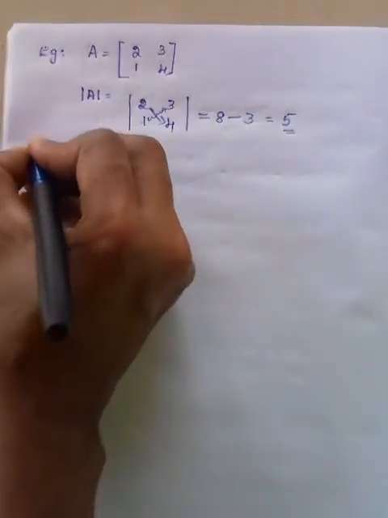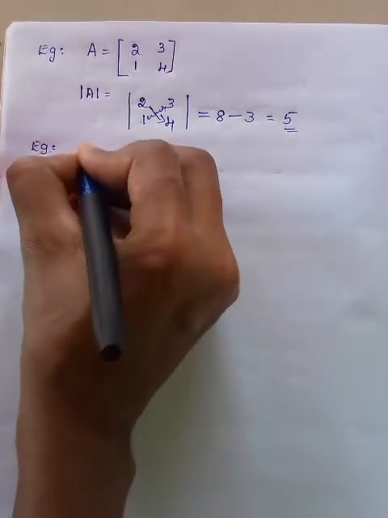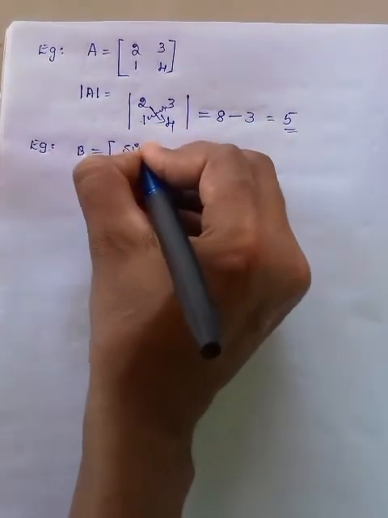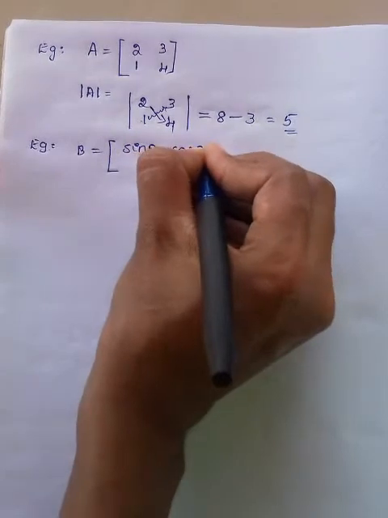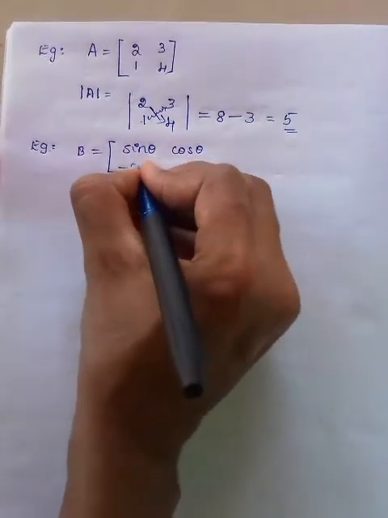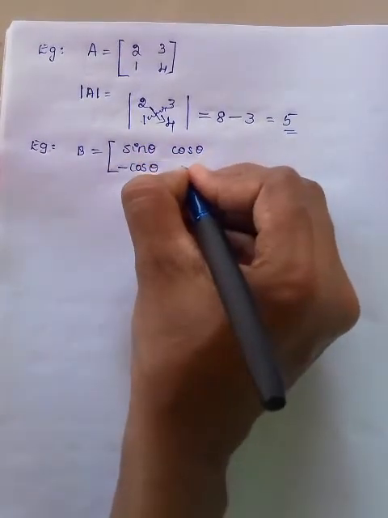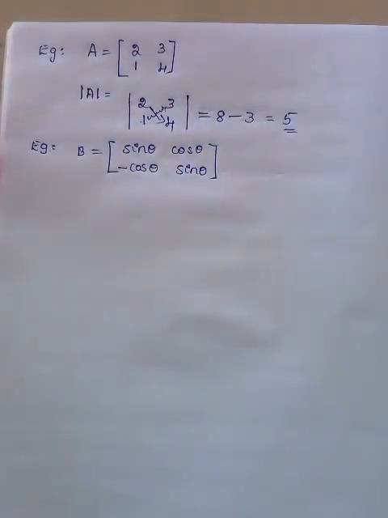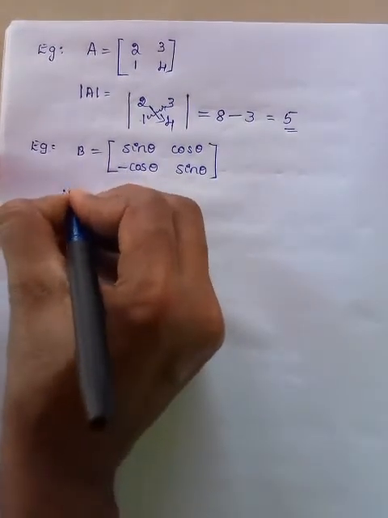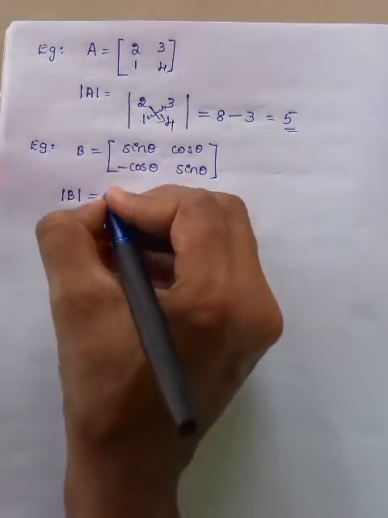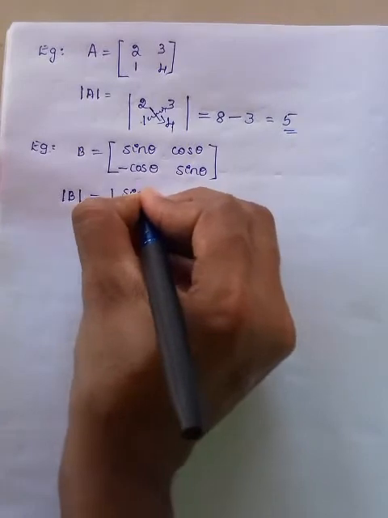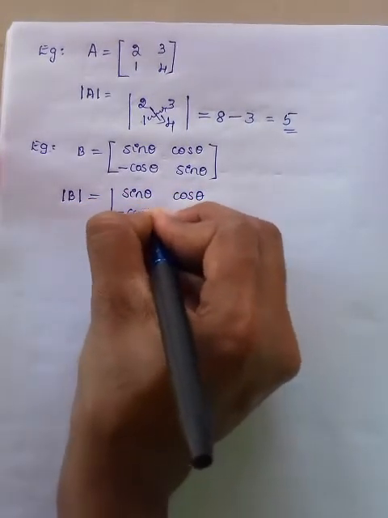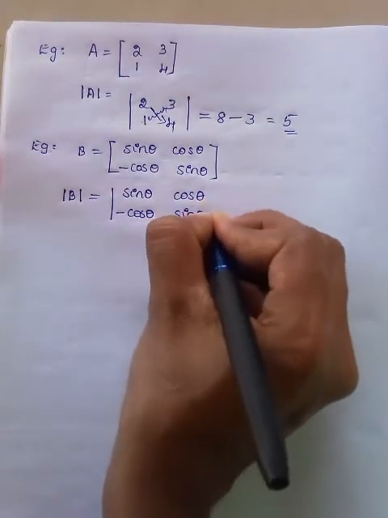Another example is matrix B is equal to sin theta cos theta, minus cos theta sin theta. This is a 2 by 2 matrix. Determinant of this matrix B is equal to determinant of sin theta cos theta, minus cos theta sin theta.